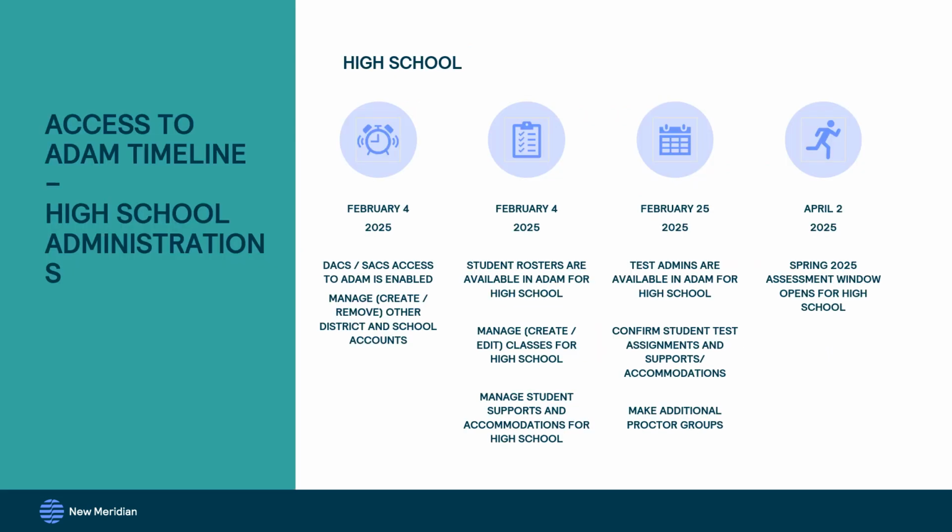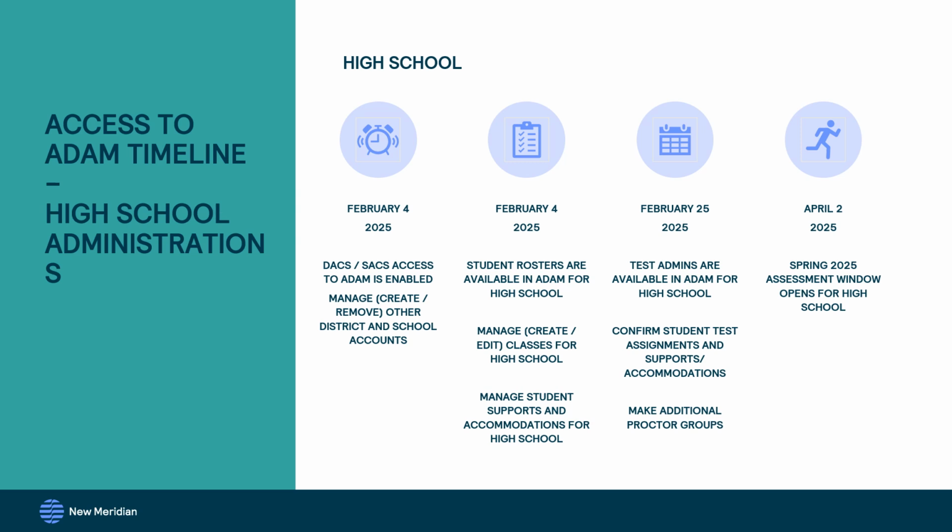Next, we'll talk about the timeline for when different roles will have access to ADAM and when different functions will be available within the platform. For spring 2025, high school administration will have a different timeline from that of grades 5 and 8. In early February, district and school coordinators will gain access to the platform and begin to manage other district and school accounts for which they are responsible.